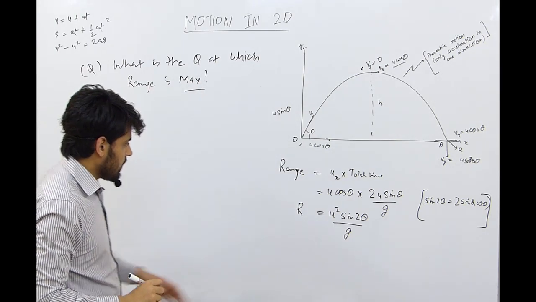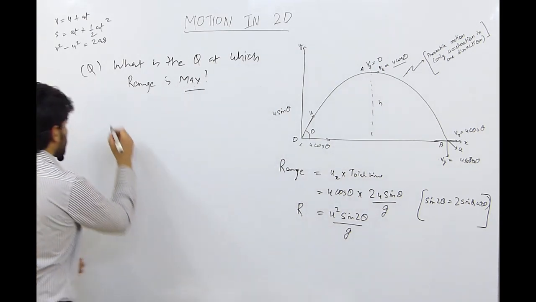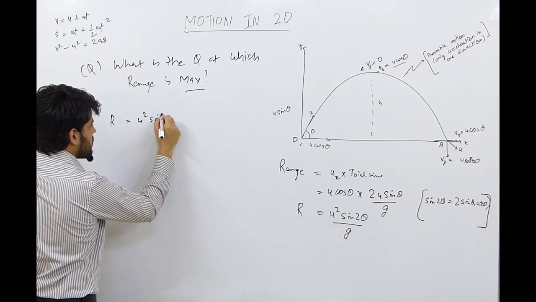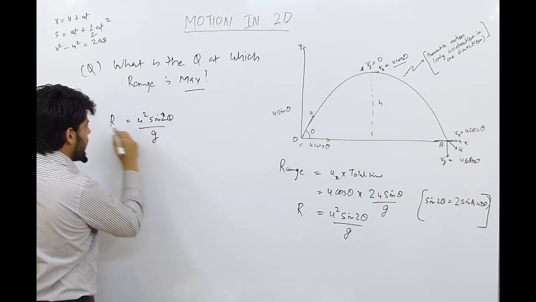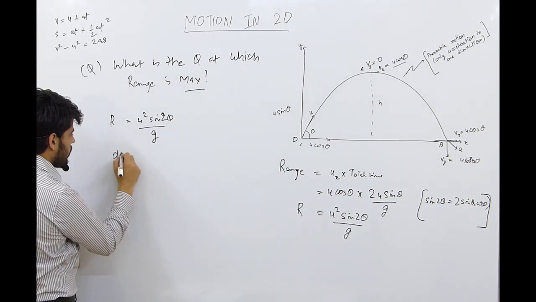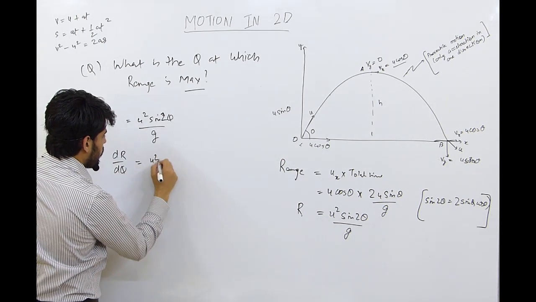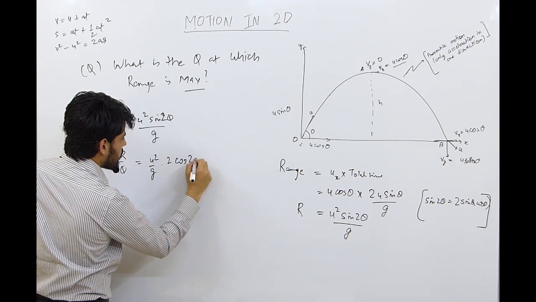So we will take this equation into consideration. It's very simple. R is equal to u square sine 2 theta by G. We will differentiate this with respect to theta. So dR by d theta is equal to u square by G into 2 cos 2 theta.